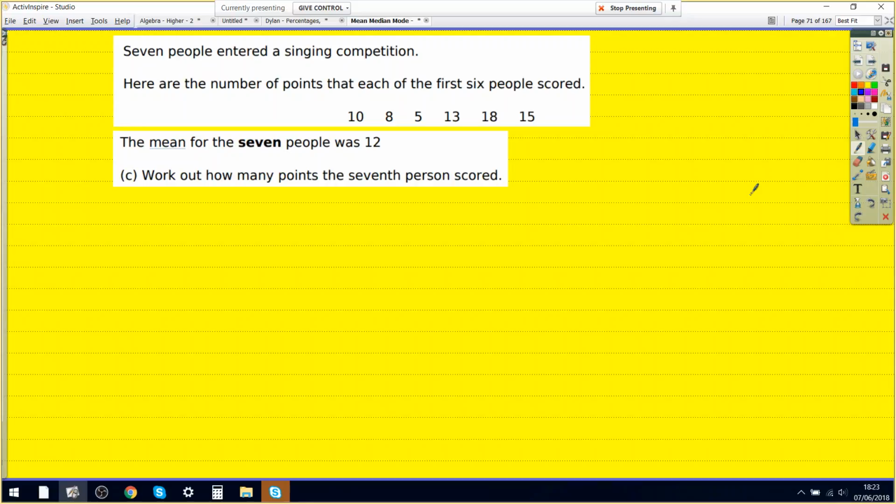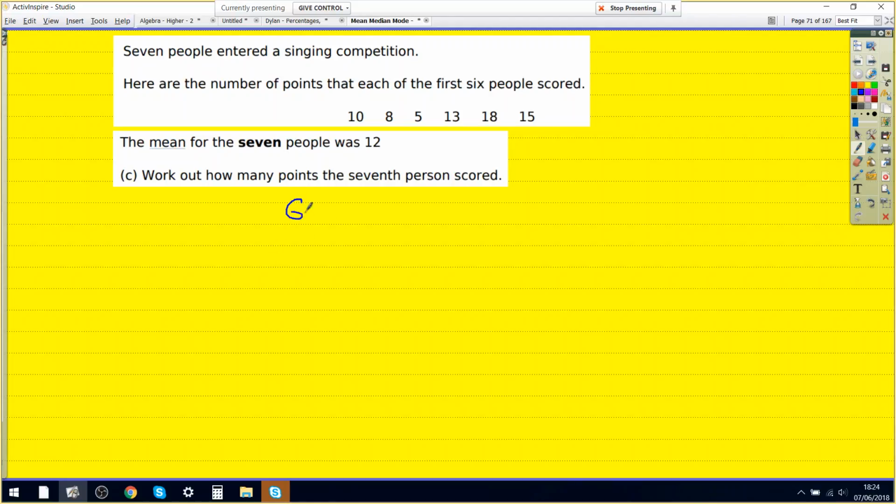Any idea how you do this one? So if you add them all up, that'd be 69.